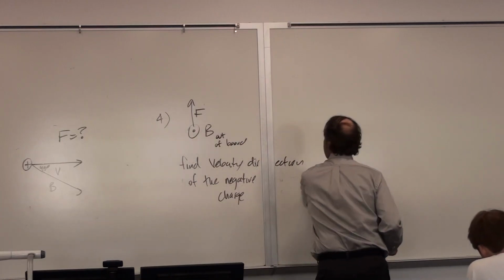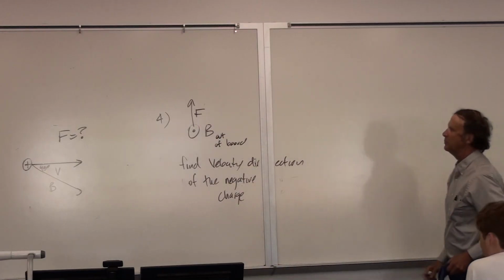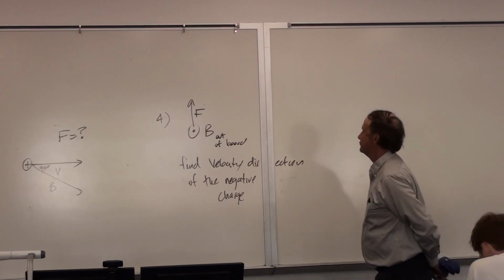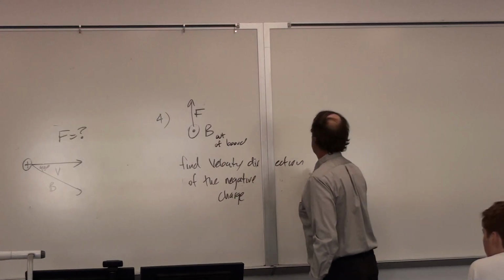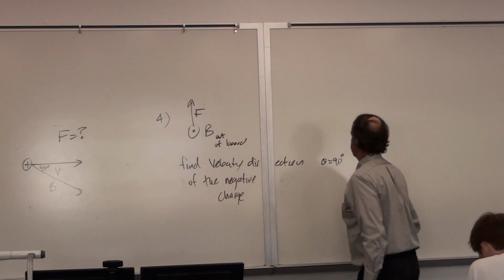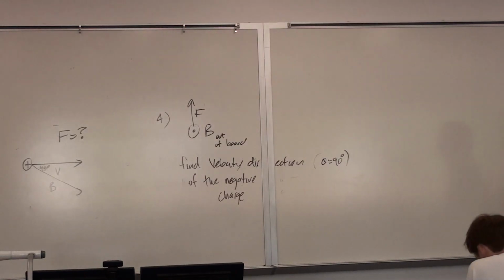Assume that the force vector and the magnetic field vector are perpendicular, and we'll assume V is perpendicular to B. Okay, so those are our 4.